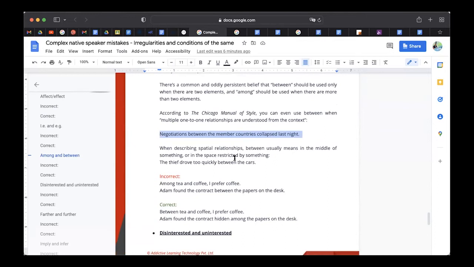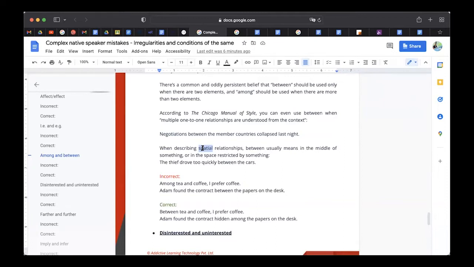One more usage of between is that you use between to describe spatial relationships. When I say spatial, it means space and time. All relationships which have a periphery of space and time, you can also use between there. For example, I'm in between finishing a book.